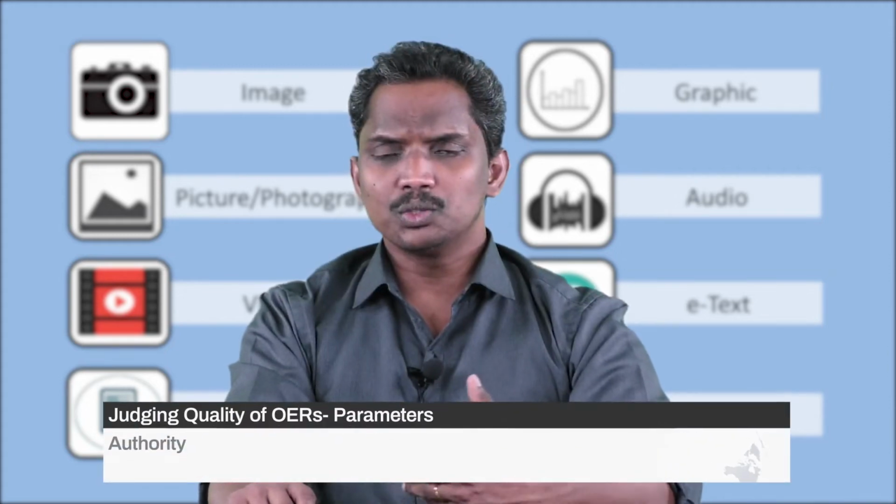Authority. So who is making this OER? This also depends. The authorship style also matters. Because as I said, anyone can develop any digital teaching learning resource. But this will be different. The OERs developed by different people will be of different nature, different quality. So authority, authorship style also matters.